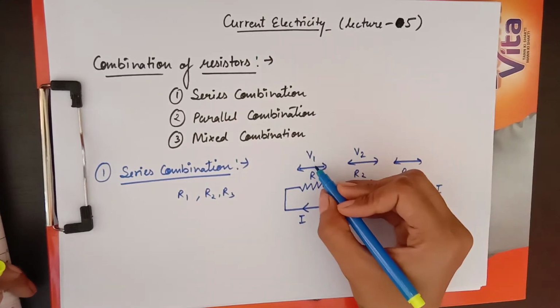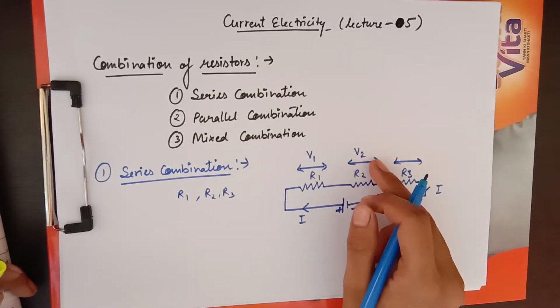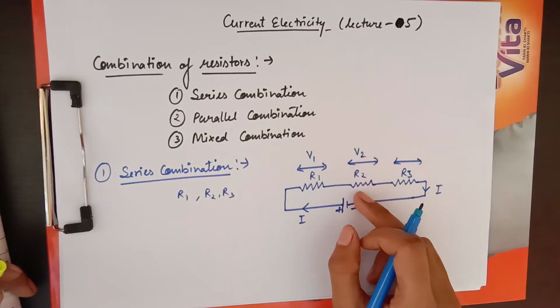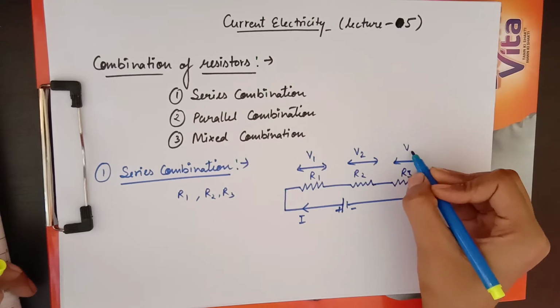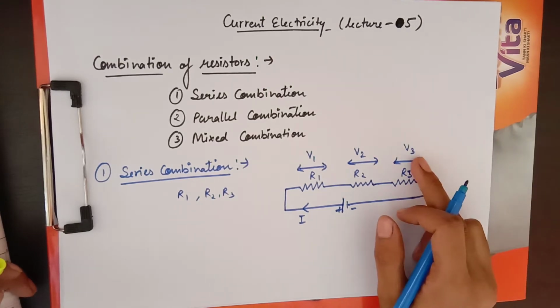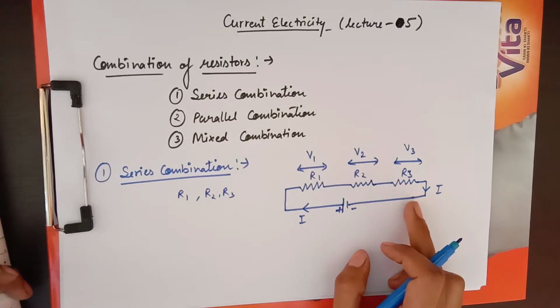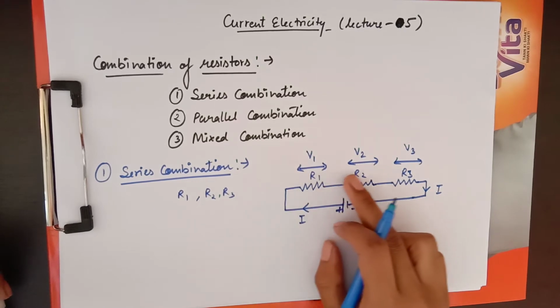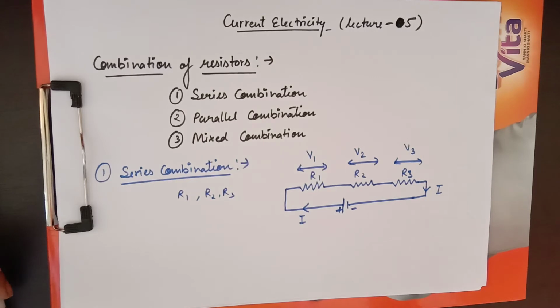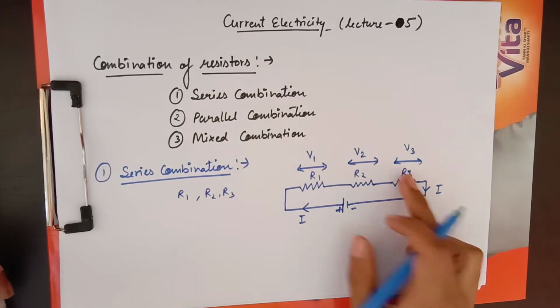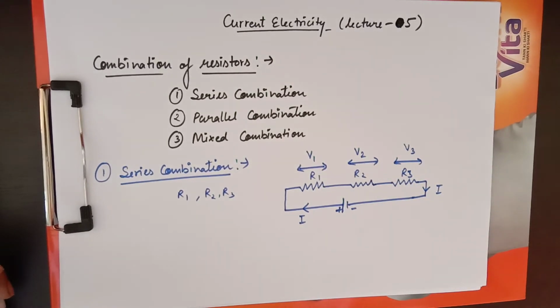The potential value for R1 will be V1, for R2 will be V2, and for R3 will be V3. So in a series combination the current remains the same while the potential is different.